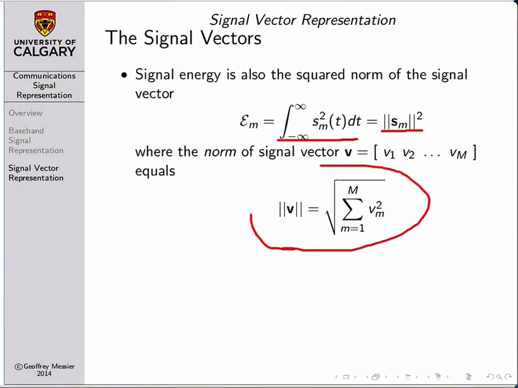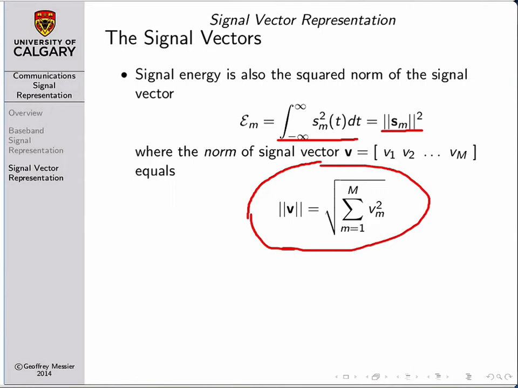It's basically the square root of the sum of the squared values in the vector. So you square every single value in the vector, you add them all up, and then you take the square root of the sum. The squared norm just gets rid of the square root. And so all this means is that if you want to figure out the energy of a signal, you just square the values in its signal vector and add them up.